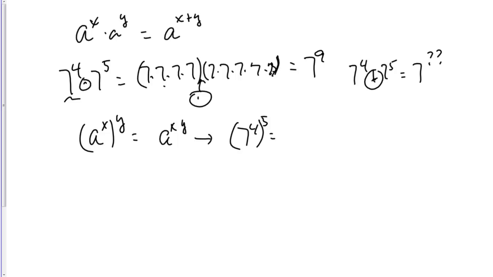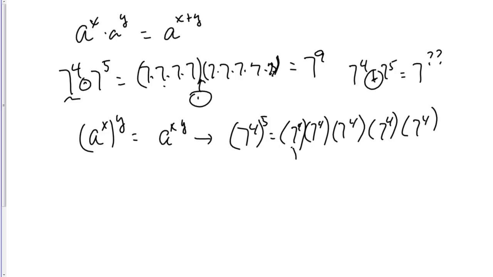We would have 7 to the 4th times 7 to the 4th times 7 to the 4th times 7 to the 4th times 7 to the 4th, and we could break these up into 4 7s, 4 7s, 4 7s, or apply the rule from before, and we get a total of 5 groups of 4 7s here, which turns out to be 7 to the 20th. And so that rule does make sense, at least with integer or whole number exponents.